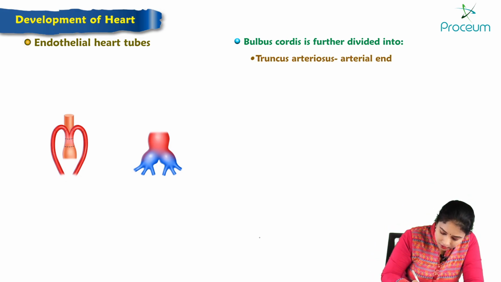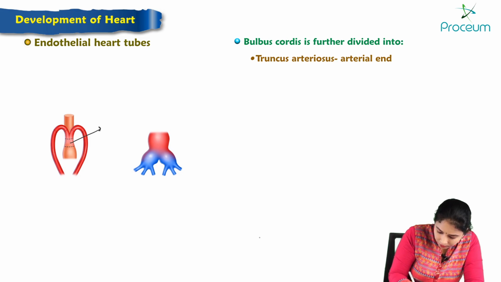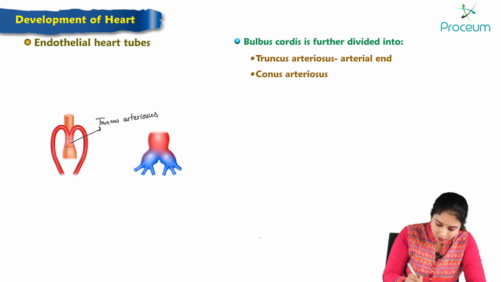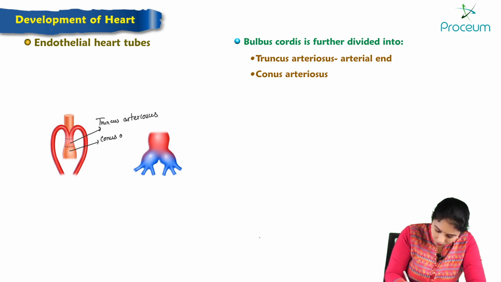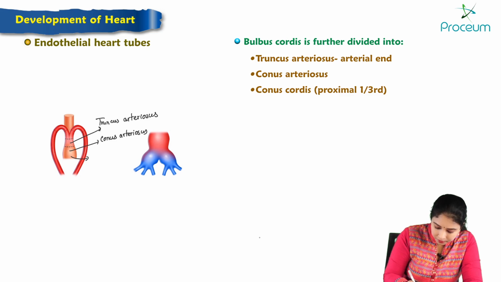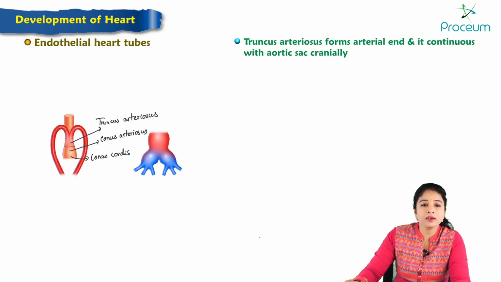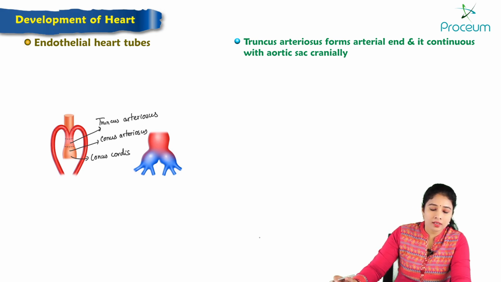So the truncus arteriosus; next to it is the conus arteriosus; and below it is the conus cordis. The truncus arteriosus forms the arterial end and is continuous with the aortic sac cranially.